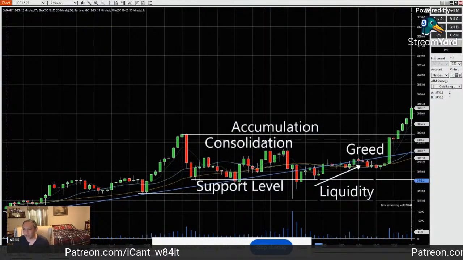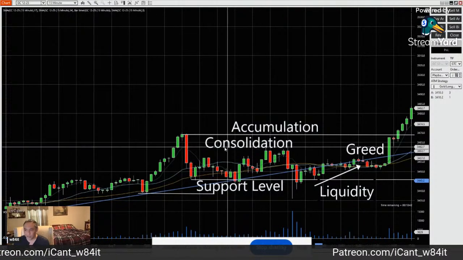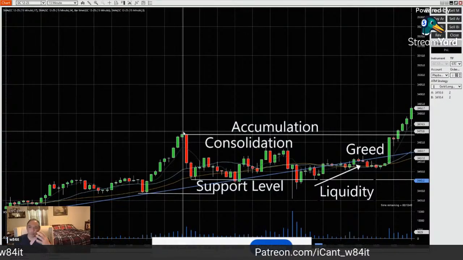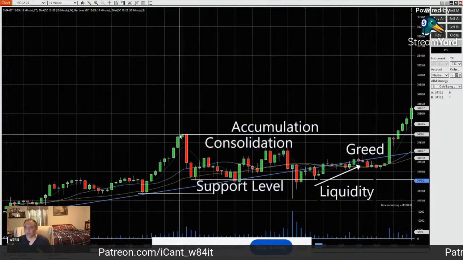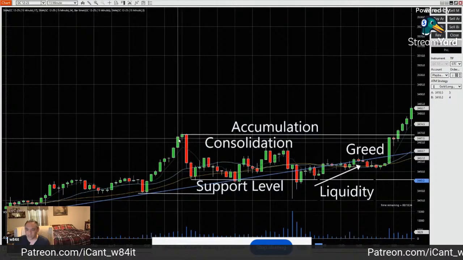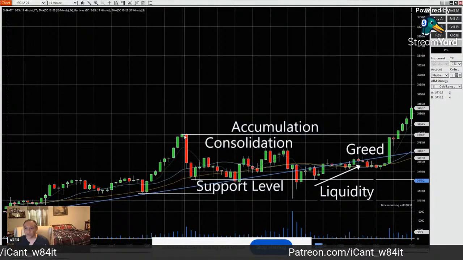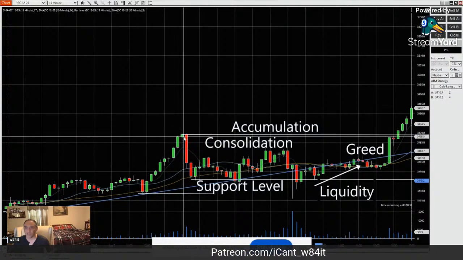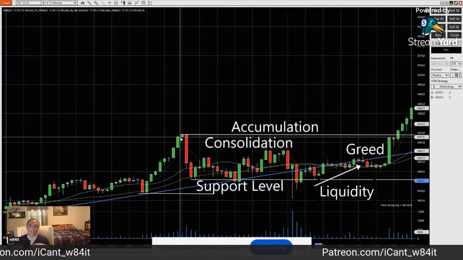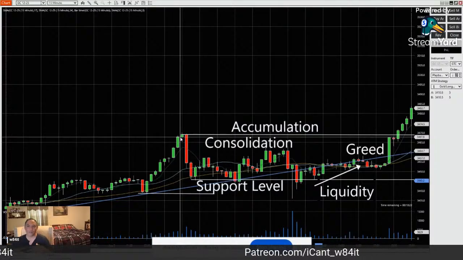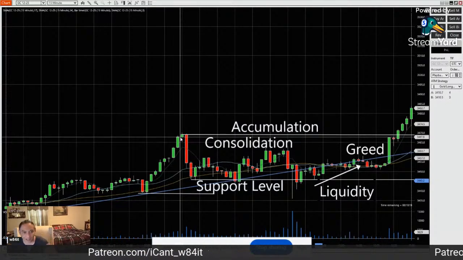And I'm throwing all kinds of stuff at you, but you can watch this over and over again. So the bulls are driving the market up. And then when you get to a level where there's uncertainty, this little indecision candle here. An indecision candle is when the candle has wicks on both sides and the body's really small. That means that it's not certain of this price area, of whether or not the stock is valued at this point.